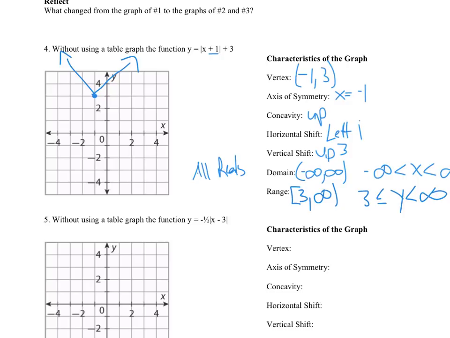Now a couple reminders on this. Domain is our possible x values. Range is possible y values.